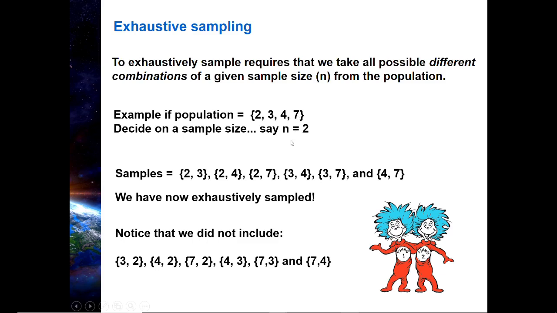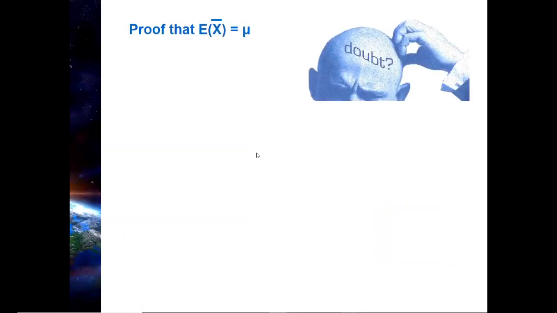Population of 10. But to take all possible combinations of 2 at a time, that would take hours probably for us to figure out, okay? So we're always going to use very, very small populations to show this to you.